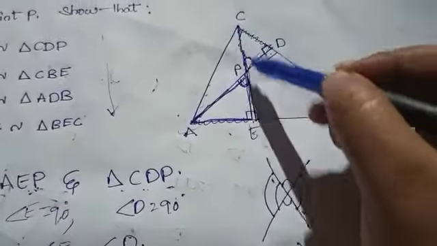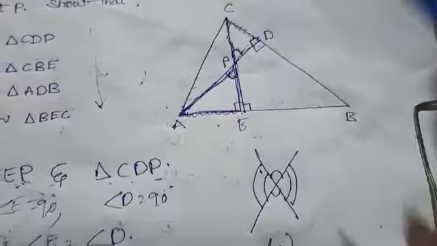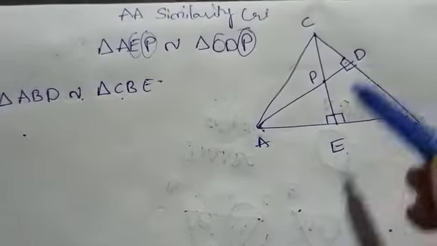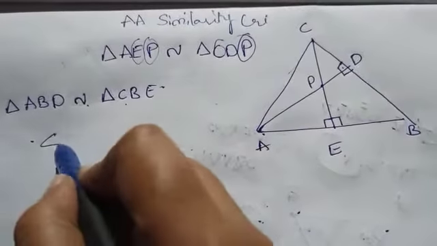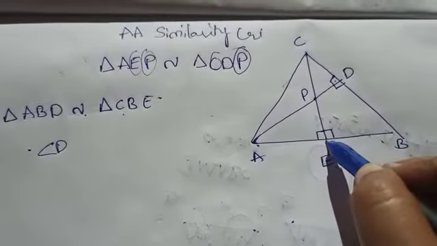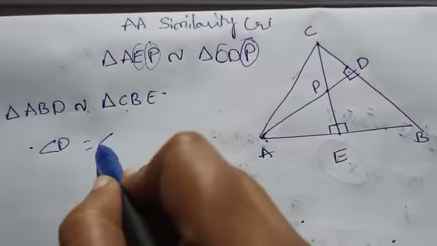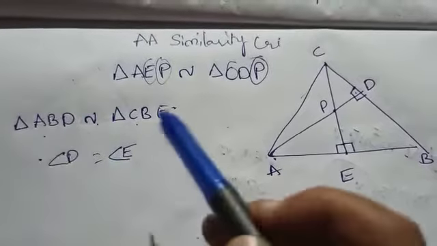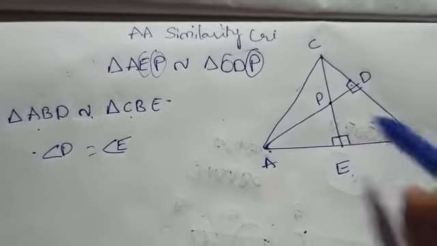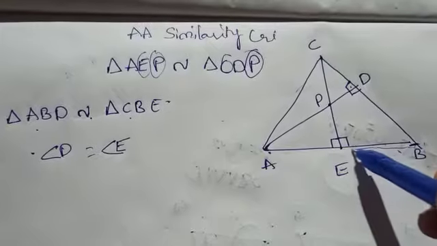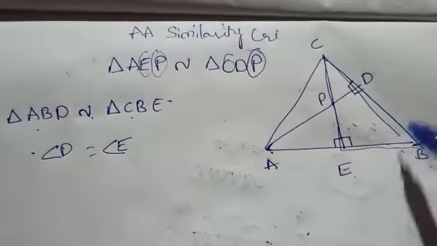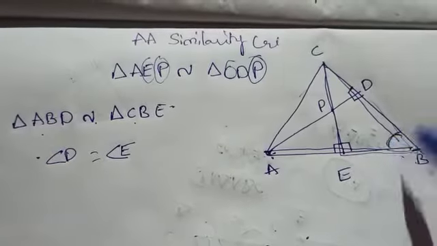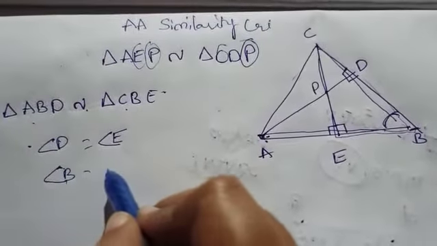See this figure. Triangle ABD. Here angle D equals 90 degrees, angle E equals 90 degrees, so angle D equals angle E. And angle B is the common angle in triangle CBE and triangle ABD. The second angle is also equal.